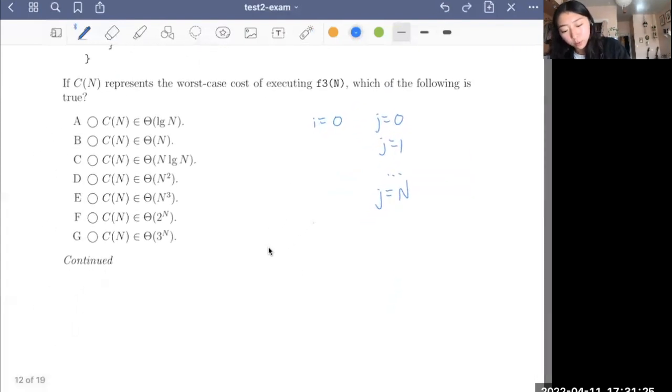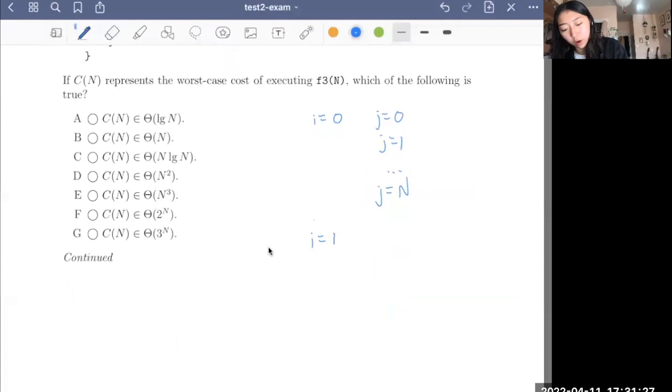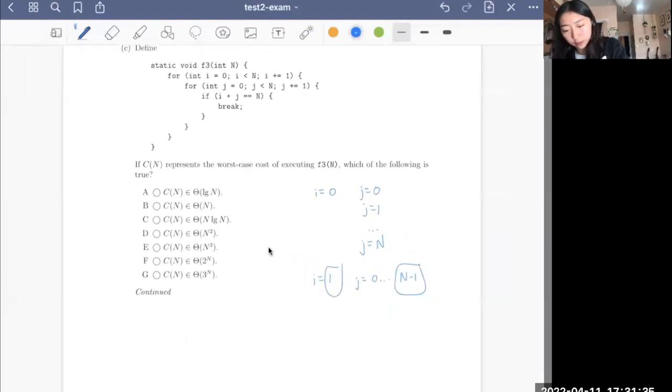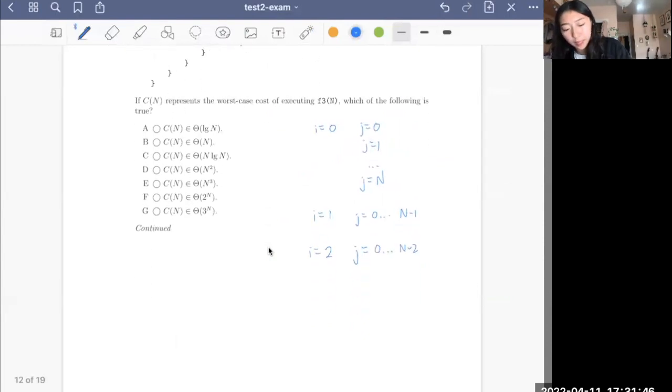Okay, what about when i equals 1? Well, then we're going to go all the way from j equals 0, and we'll finally break when j equals n minus 1, because n minus 1 plus 1 will indeed add up to n. Then here we're going to start there, and we'll go all the way up until n minus 2, right?